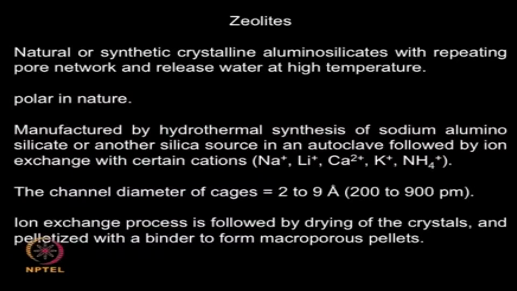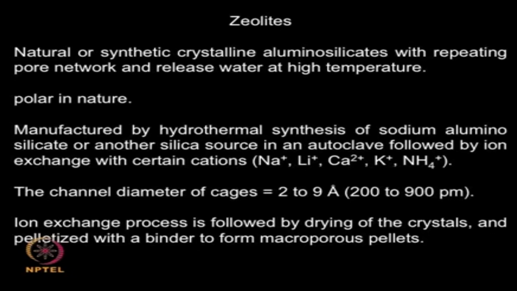Zeolites, you have different types of zeolites, natural zeolites, synthetic zeolites, they are all crystalline aluminosilicates. So you have alumina and silica present with a repeating pore network. So you have very defined pore sizes of silica present.